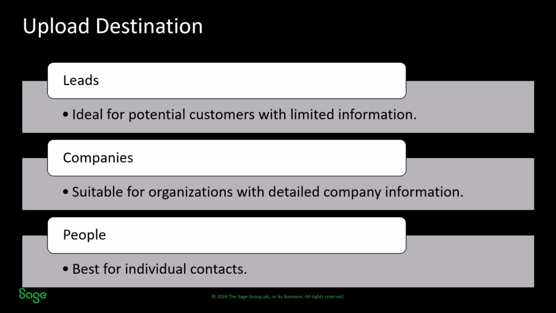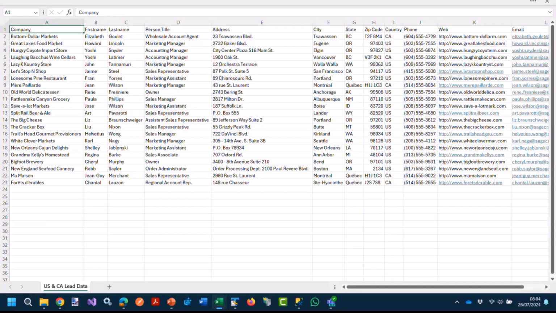And the company entity, of course, includes contact information, individuals working for that company, and then down into the idea of an individual unrelated to a company as well, which is very much for business to consumer models of working. In this lesson, we're going to be looking at an upload into the lead and then into the company table as well. So I have a data source, and that's always going to be our starting point.